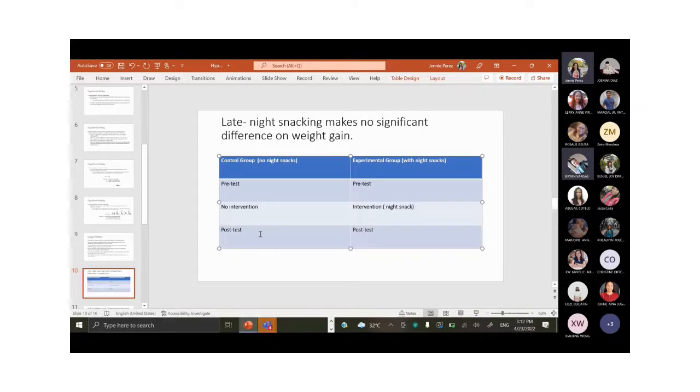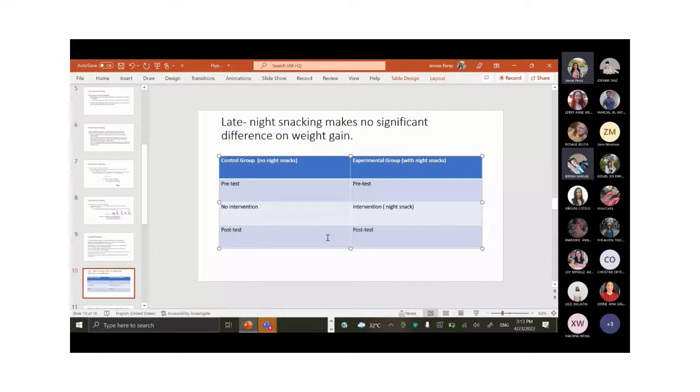And in the post-test, if we are able to establish that there is a difference in BMI, in body mass index, between the control group, the group with no night snacks, and the experimental group, the group with night snacks, then we can safely conclude, not assume, kundi conclude na this time.